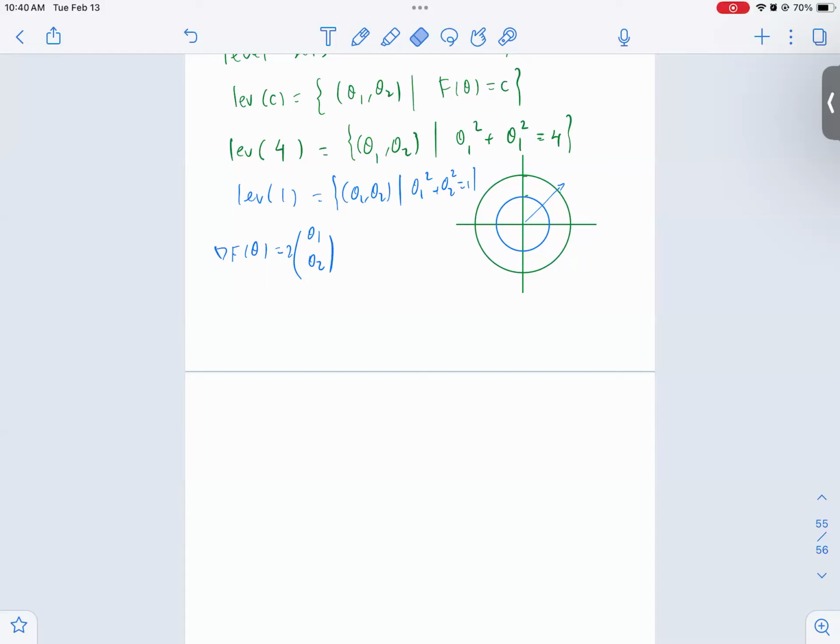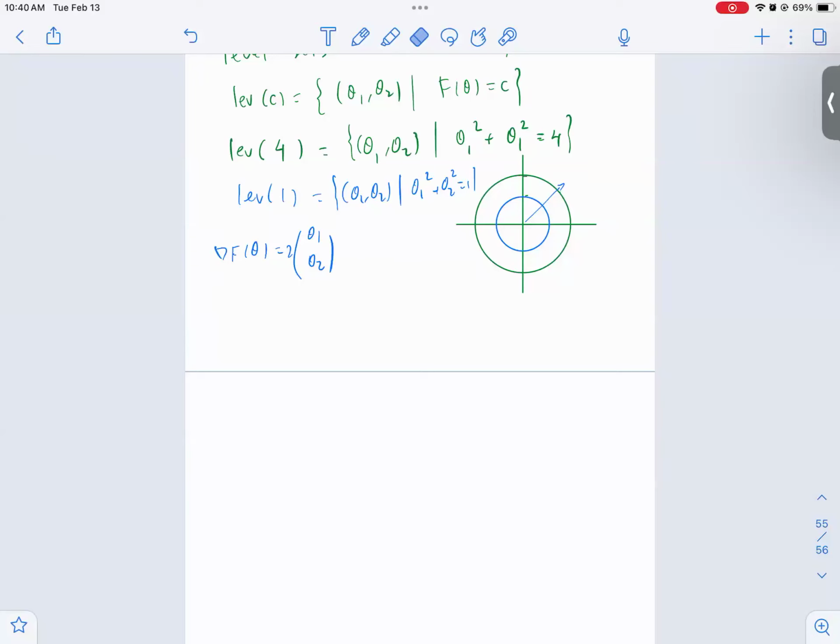So the intuition is, if there is a component of the gradient along the level, so if I move along that direction, I am going to change the function. That can't happen because the function is constant. So when I move along the tangent, the component of the gradient along that direction has to be zero.